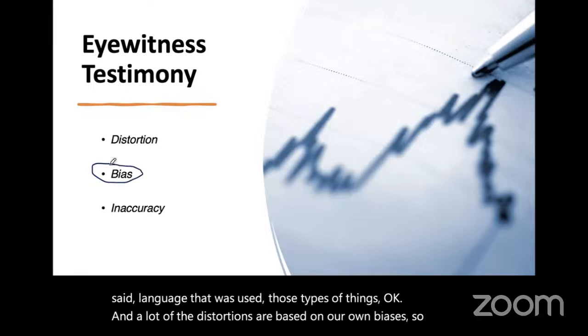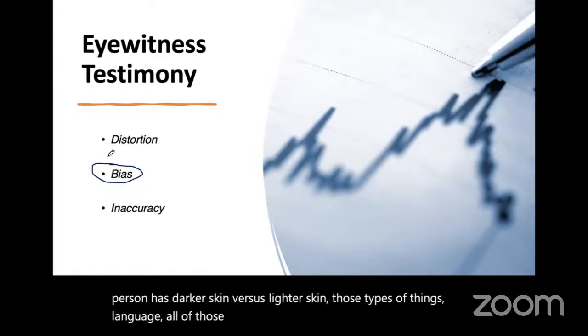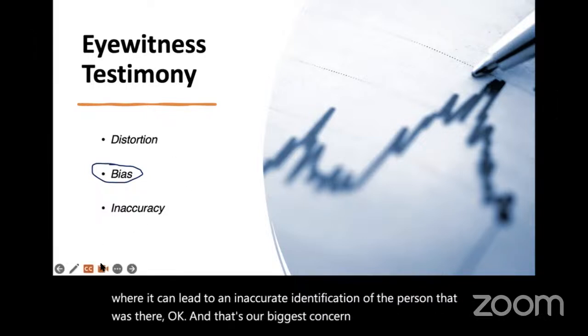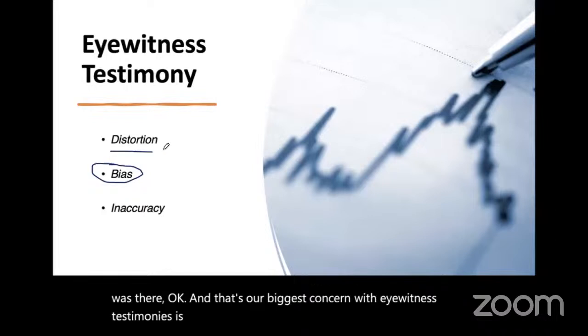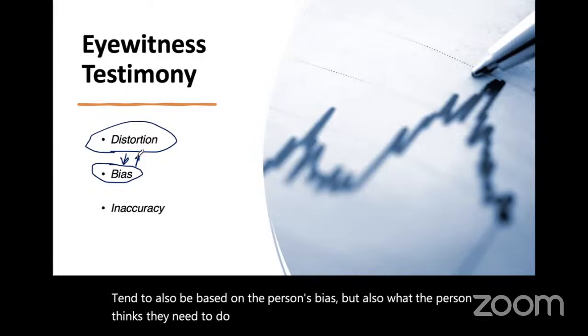So if the person has darker skin versus lighter skin, those things tend to get distorted, which can lead to an inaccurate identification of the person who was there. That's our biggest concern with eyewitness testimony: the distortions are also based on the person's bias, but also on what the person thinks they need to do to keep themselves safe.